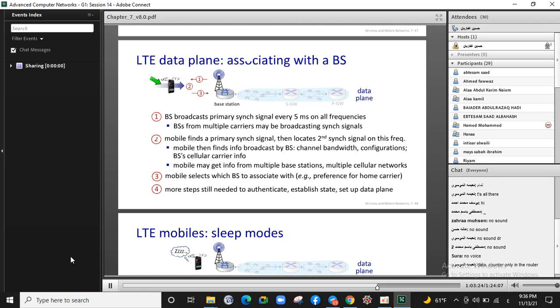So in this second step, the mobile phone should look for the broadcast message that comes from the base station and find the channel bandwidth, the configuration, and information like that.